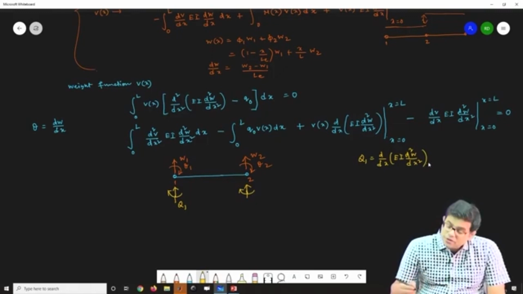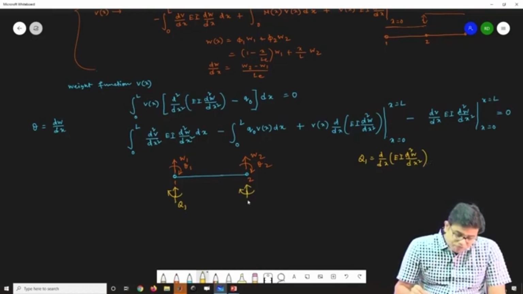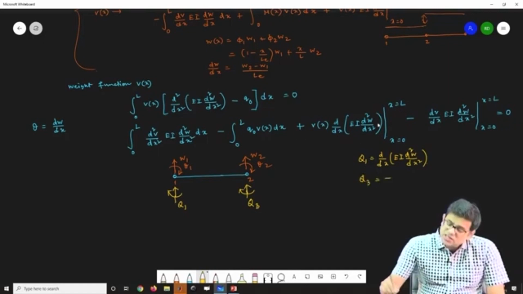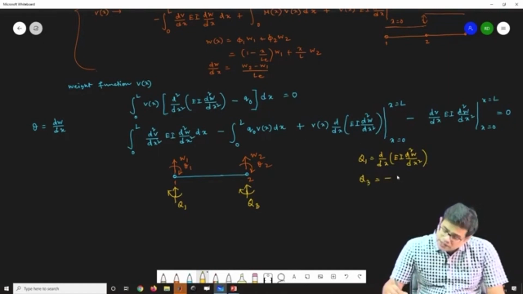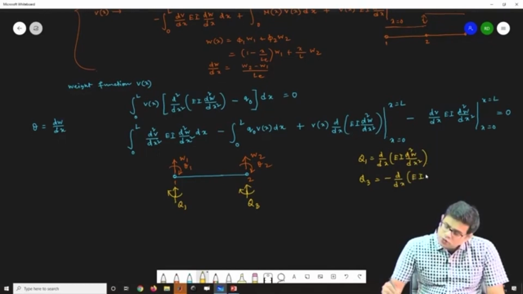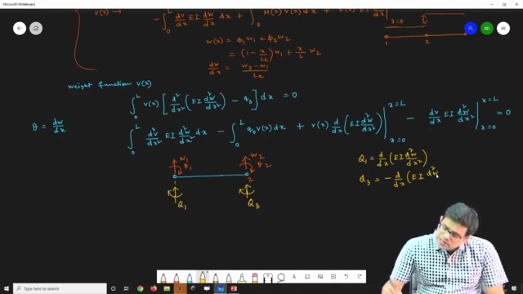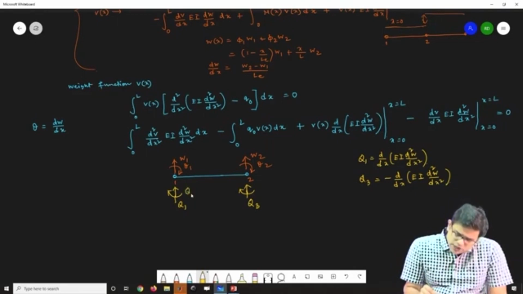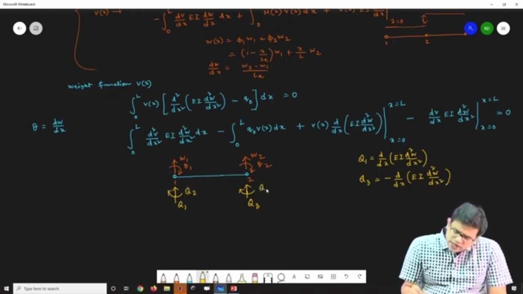From the primary variables, that is slope and displacements. And then this is my Q3, where I am assuming that Q3 is negative. This is just for ease of this equation. You can choose any sign convention that you would like. So this is dW/dx, and now there is a moment associated with it. Let us denote it with Q2, and this is my Q4.